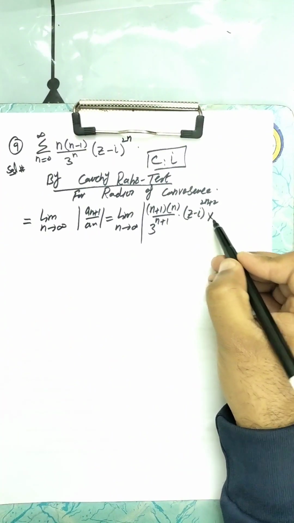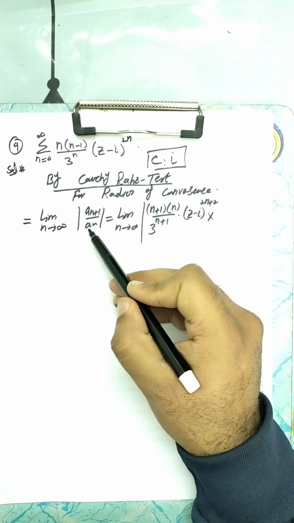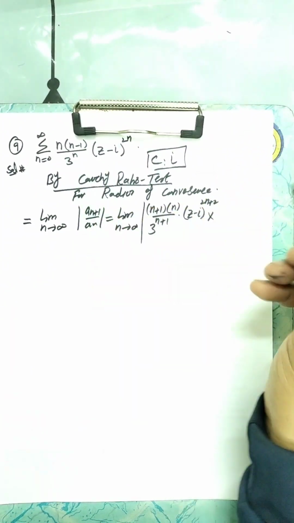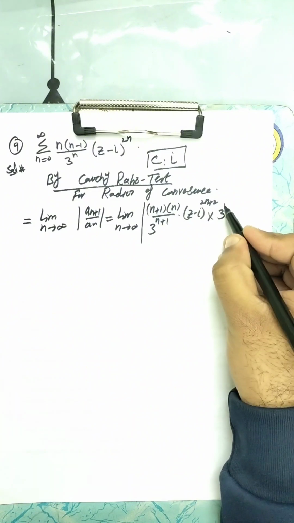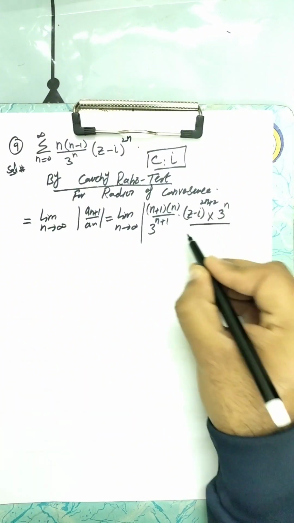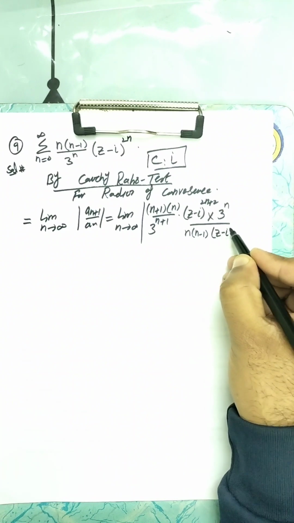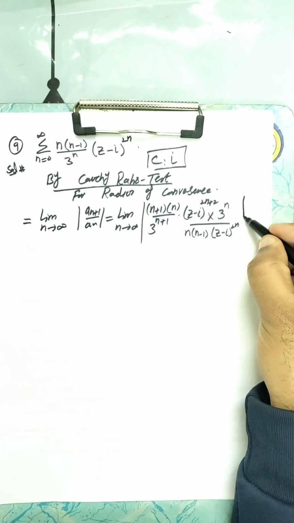So a n is the denominator, and take the reciprocal of this, and this becomes 3 power n over n minus 1, (z minus iota) power 2n.